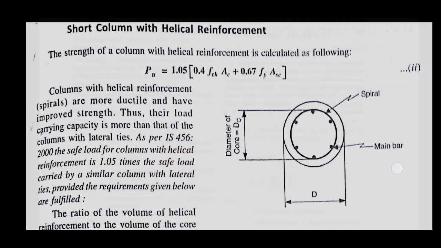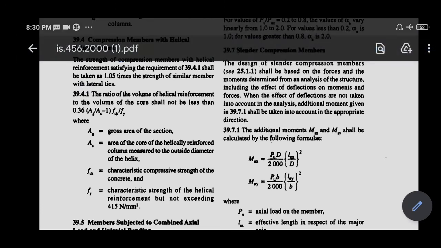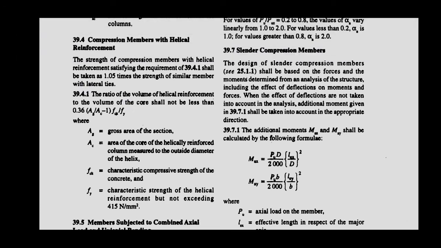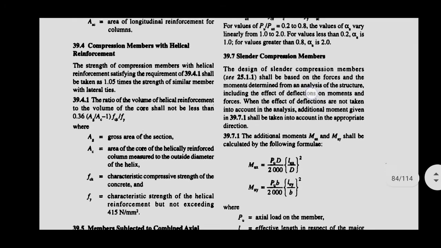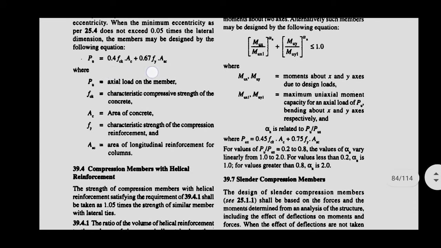As per clause 39.4, compression member with helical reinforcement: the strength of compression members with helical reinforcement satisfying the requirement of clause 39.4.1 shall be taken as 1.05 times the strength of a similar member with lateral ties. So for helical reinforcement we have to multiply 1.05 with this formula.